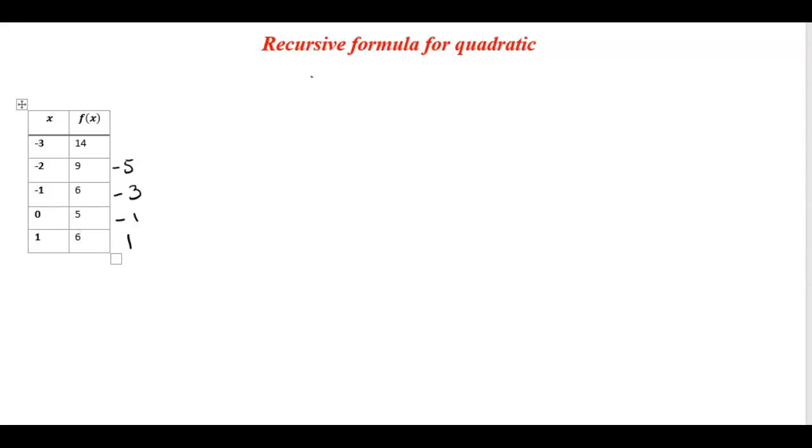Negative 5 to negative 3, so you have to add 2 here. Negative 5 plus 2 is negative 3, and negative 3 plus 2 is negative 1, and negative 1 plus 2 is 1. Okay, so this right here is our first difference, and it is linear.